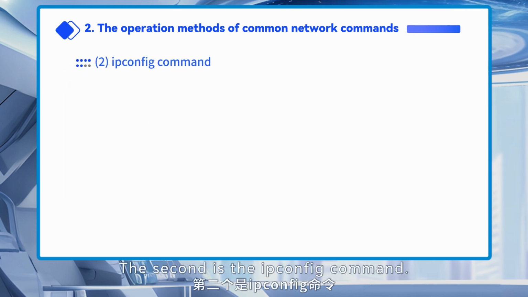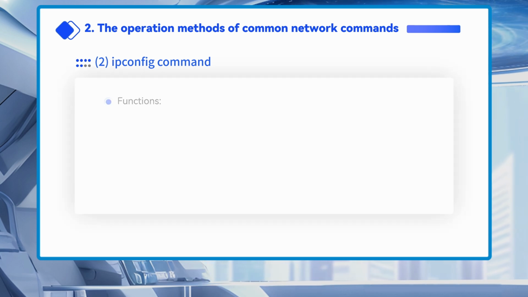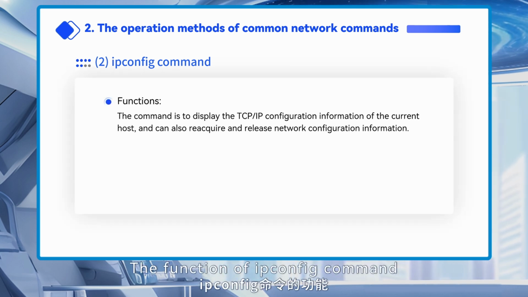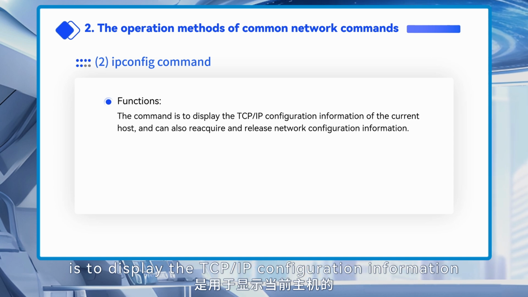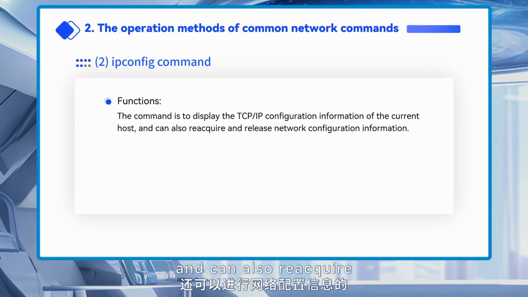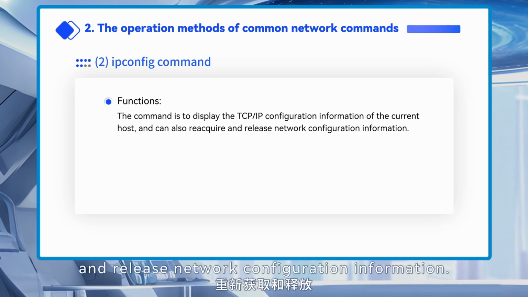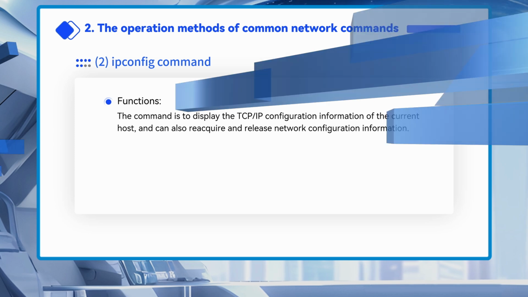The second is the IP configuration command. The function of the IP configuration command is to display the TCP or IP configuration information of the current host, and it can also reacquire and release network configuration information.